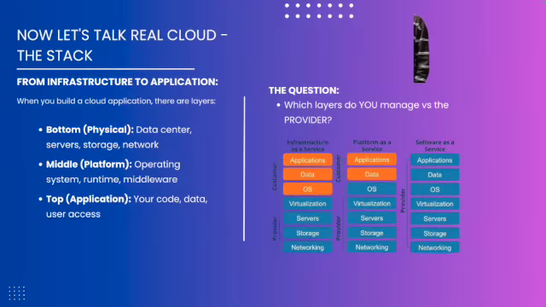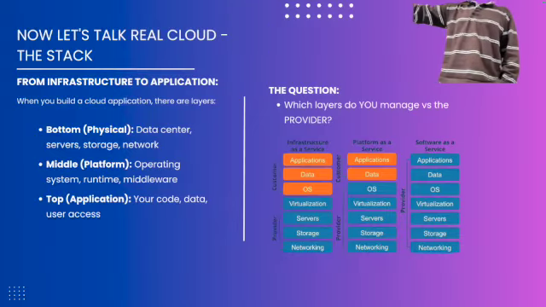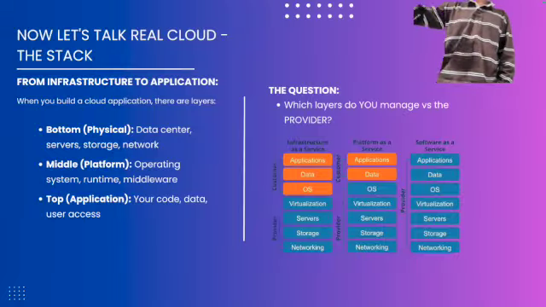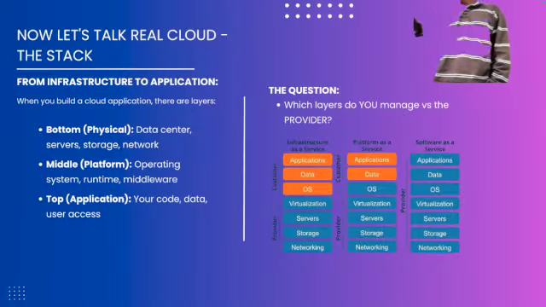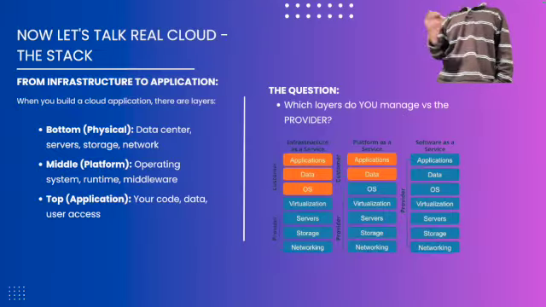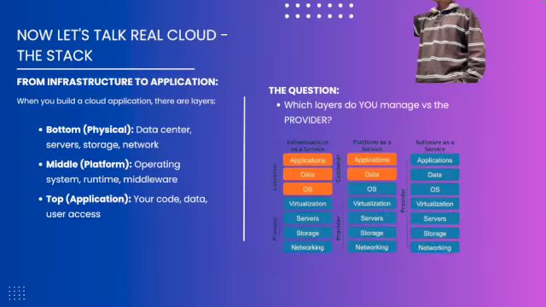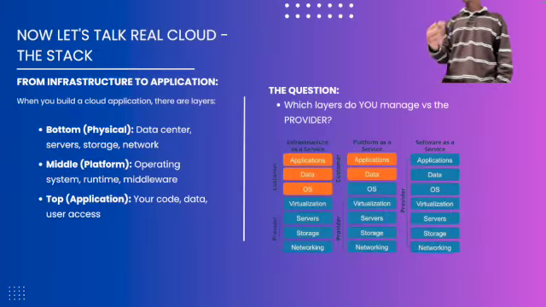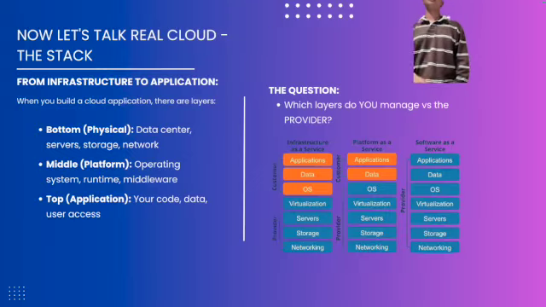Virtualization, servers, storage, networking, all of that is managed by your AWS. Platform as a service, we only manage applications and data, like your website, where you deploy code and things like that. Operating system, virtualization, servers, storage, networking, all managed by AWS. Software as a service, like applications, data, operating system, all of this is managed by AWS.